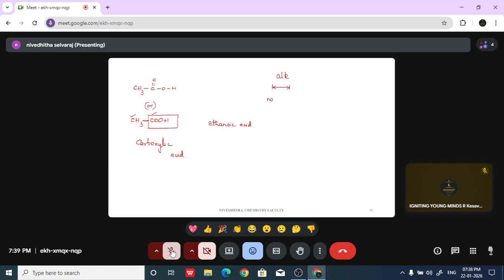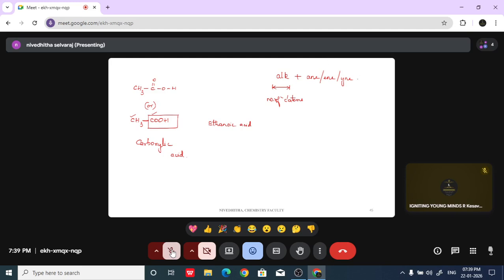The next term represents the number of chemical bonds between carbon atoms. If we have only a single bond, then it is ANE. If we have a double bond, then it is ENE. If we have a triple bond, then it is YNE. Right?